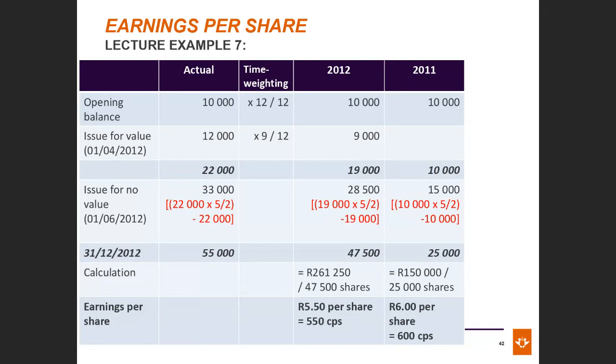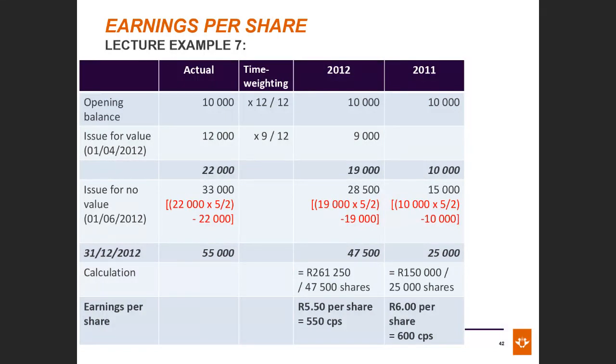Then we need to look at our issue for no value. This happened on the 1st of June 2012. There was a share split of 5 new shares for every 2 shares held. So we need to now take this into account. So actually, how many shares do we have? If we look at the actual column, we're going to take 22,000 and divide it by 2, because for every 2 shares held, 5 shares are issued.